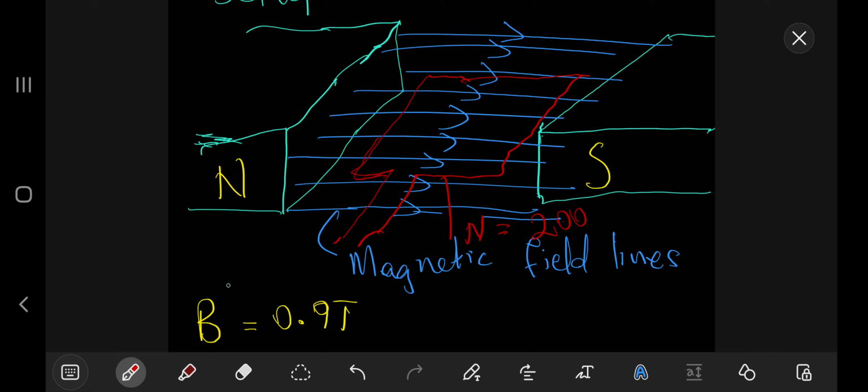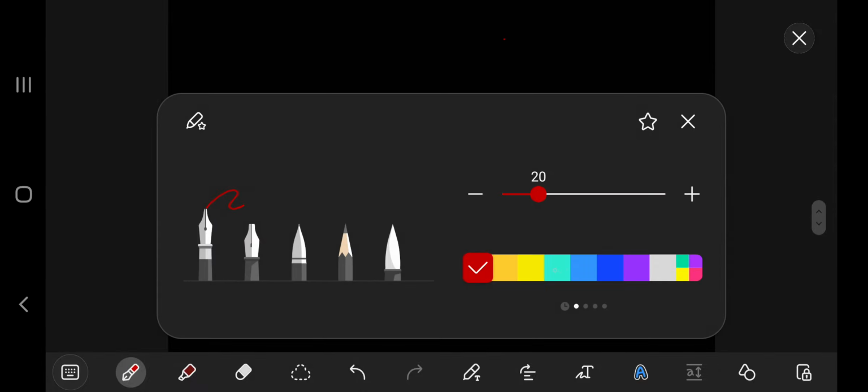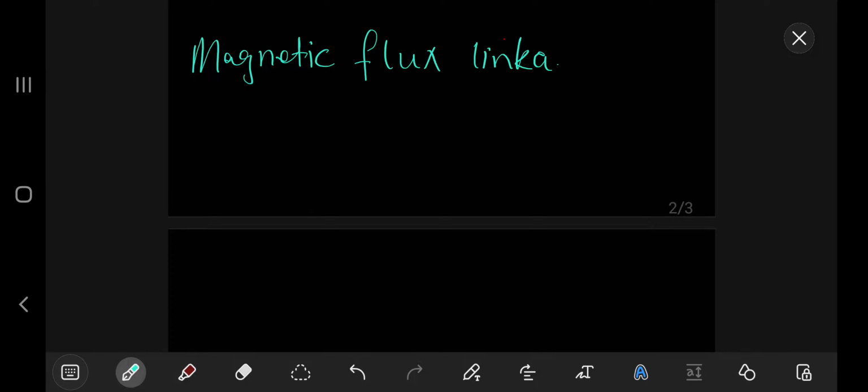Okay, so the moment I put this coil inside the magnetic field, then there is what we call a magnetic flux linkage, or just a magnetic flux. So magnetic flux linkage, or a magnetic flux, is induced.